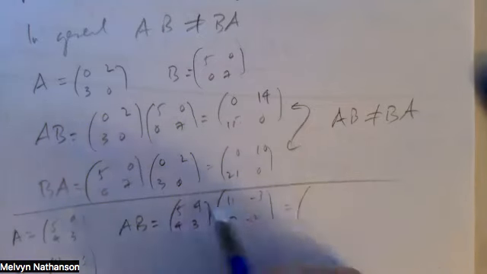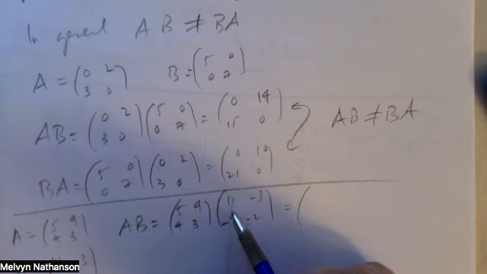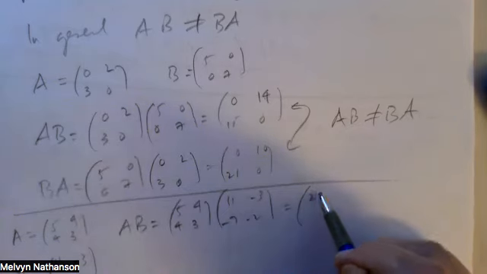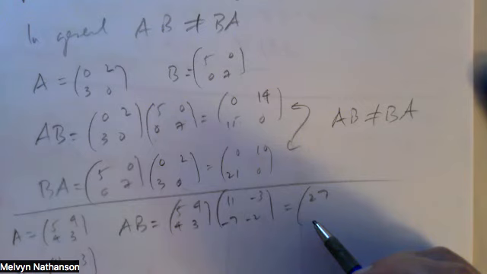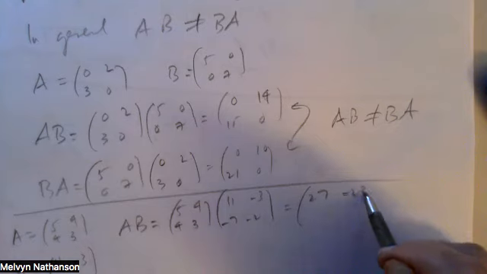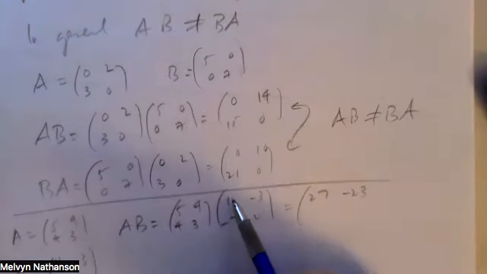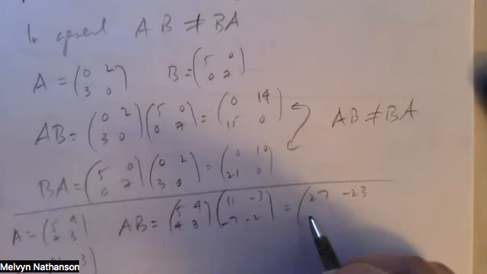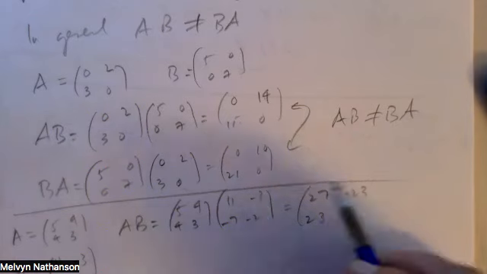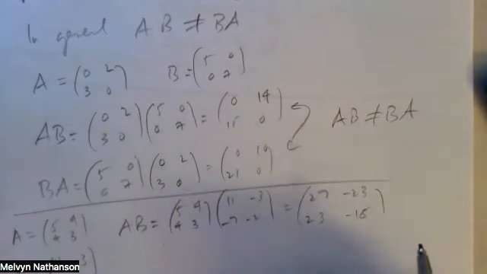If I multiply these, I get 55 minus 28 is 27. Minus 15 minus 8 is minus 23. 44 minus 21 is 23. Minus 12 minus 6 is minus 18. So this is A times B.